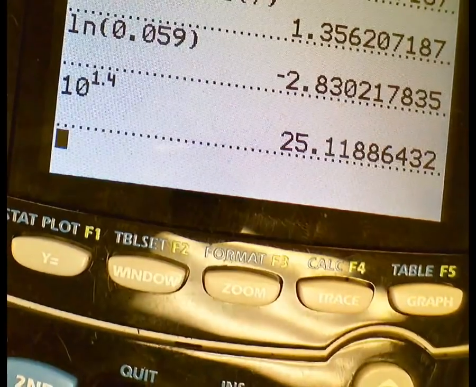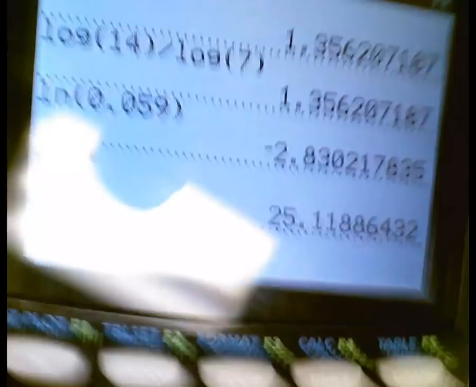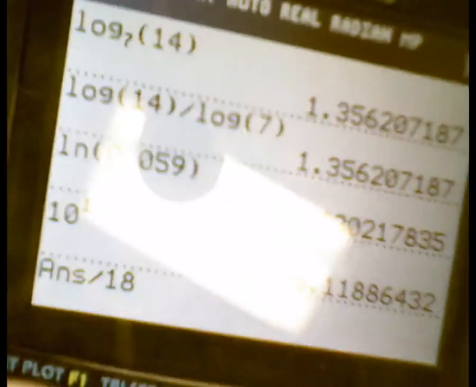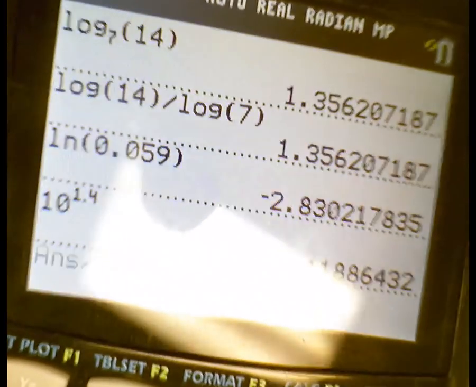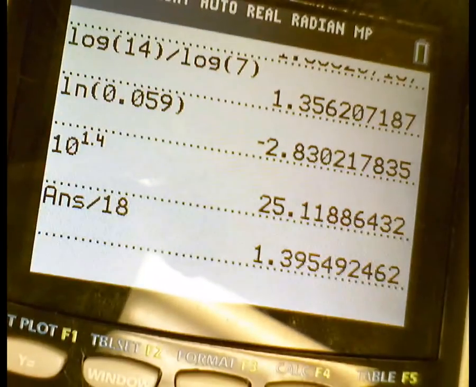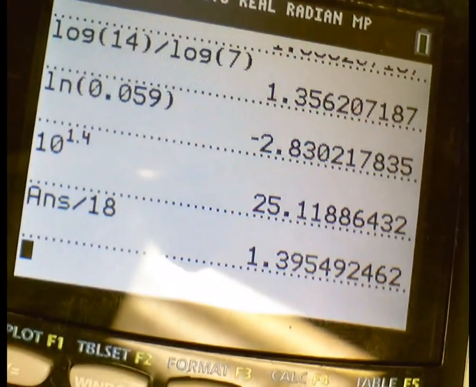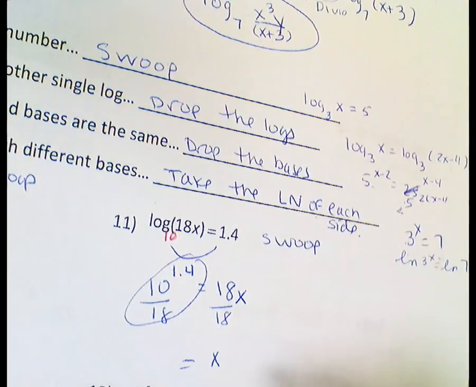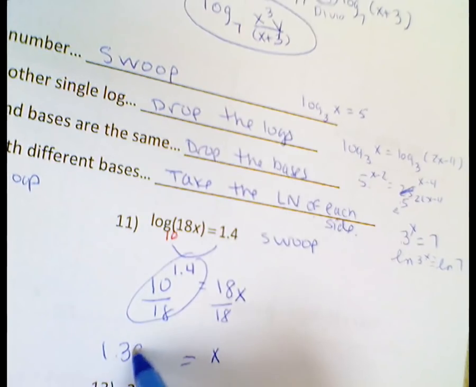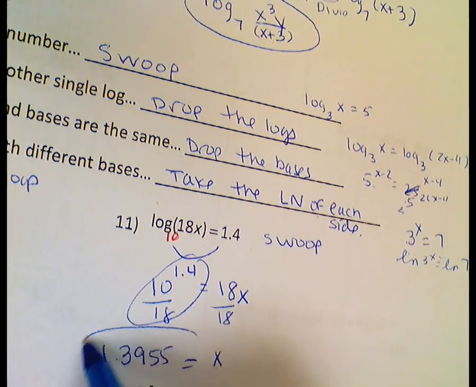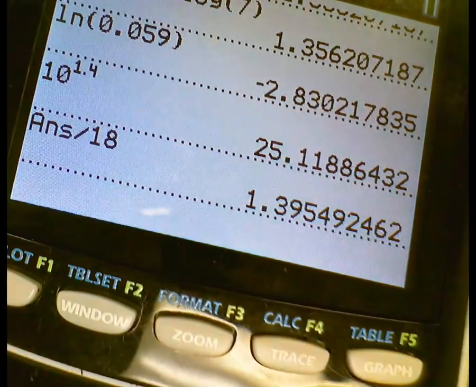I'm going to press equals, and then I'm dividing by 18. 1.3955. There it is again.